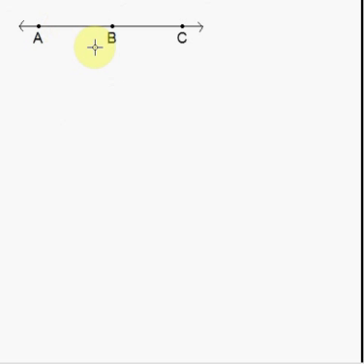Okay, so now this line, we could say that this ray here and this ray here are also collinear. They are on the same line. The points are collinear because they are on the same line, and the rays are collinear because they are on the same line.